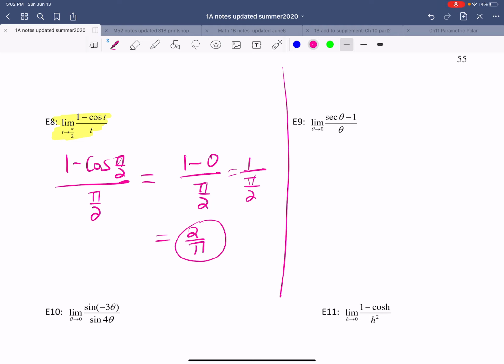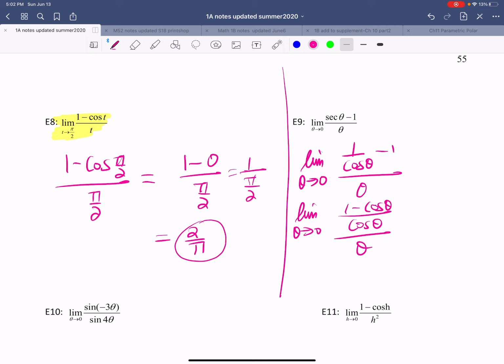Next, we have the limit as theta approaches 0 of secant theta minus 1 over theta. It doesn't look like a special trig limit right now, but let's go ahead and simplify and write secant as 1 over cosine theta. So the limit as theta approaches 0 of 1 minus cosine theta over theta times cosine theta.